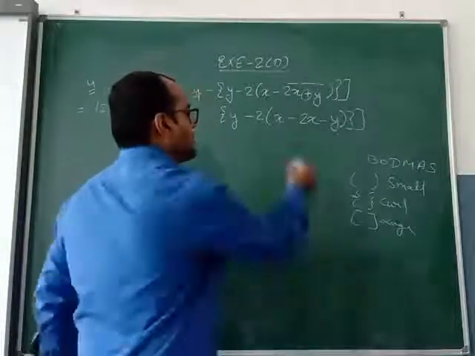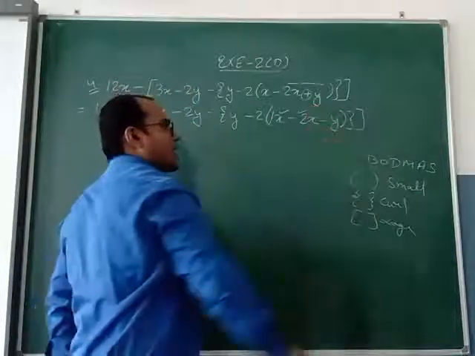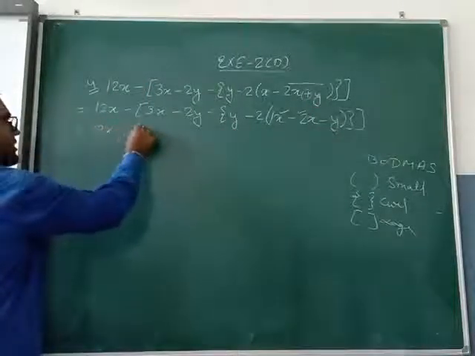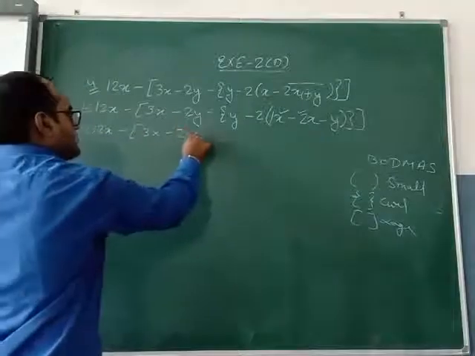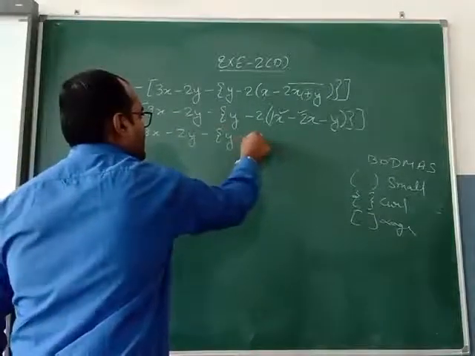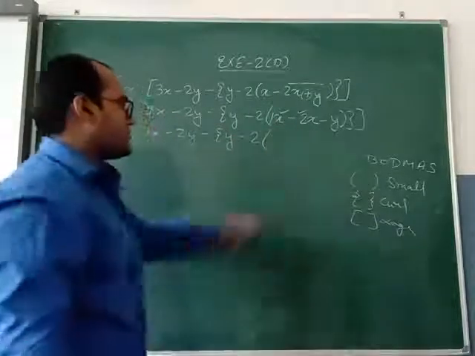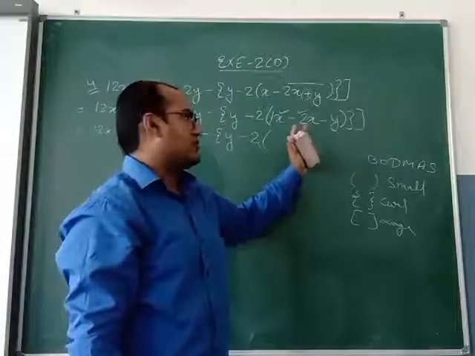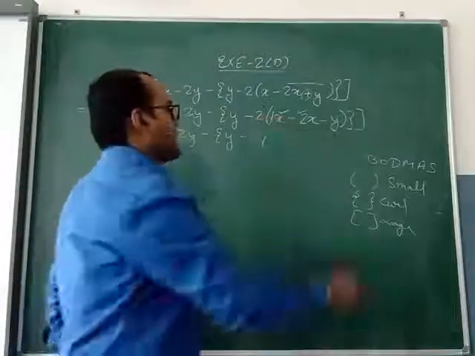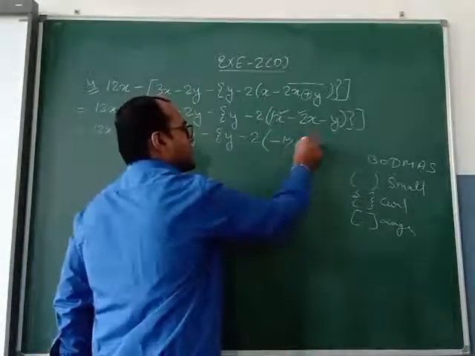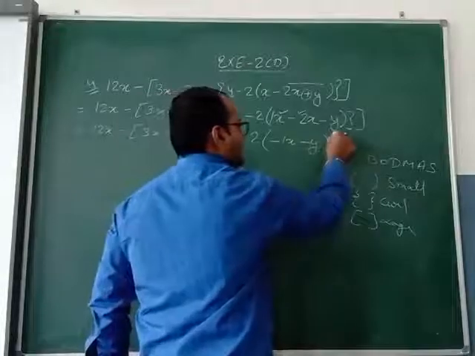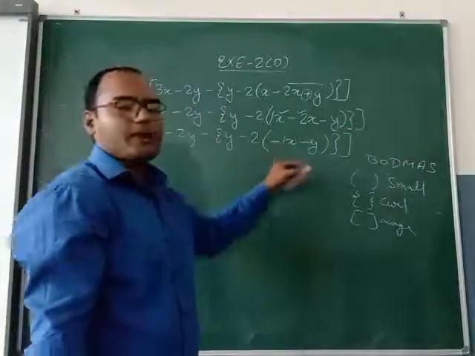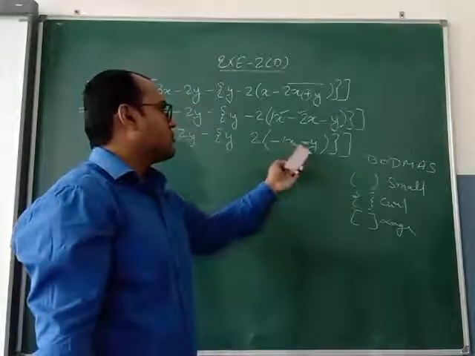Inside this small bracket, these two terms are like terms. So the rest of the things we write as it is: 12x minus [ 3x minus 2y minus { y minus 2 (, till the small bracket as it is. 1x and minus 2x we will solve. On solving them we get minus 1x, minus y as it is, small bracket close, curly bracket close, large bracket close. Now inside this small bracket both are unlike terms.